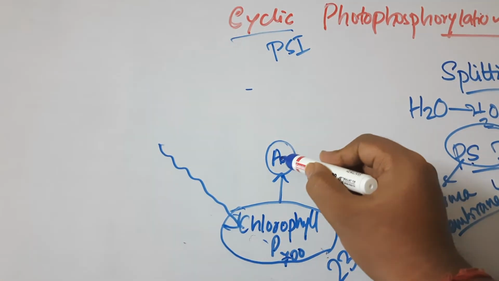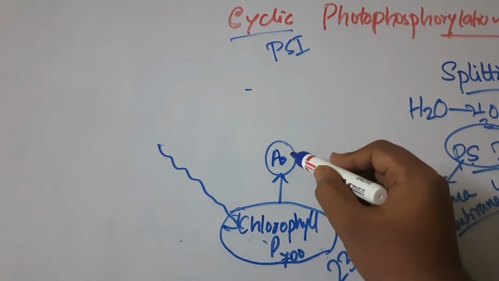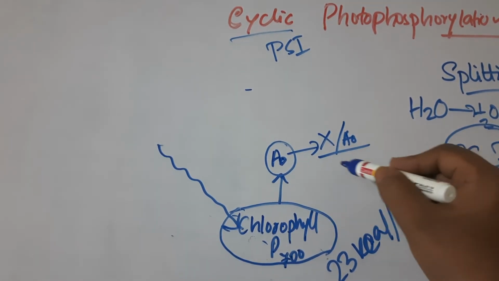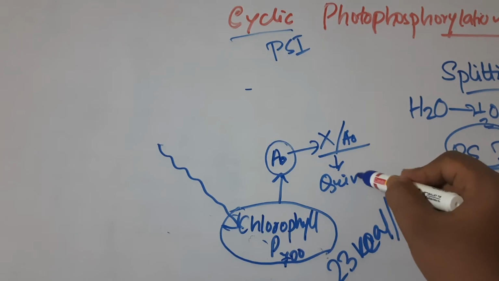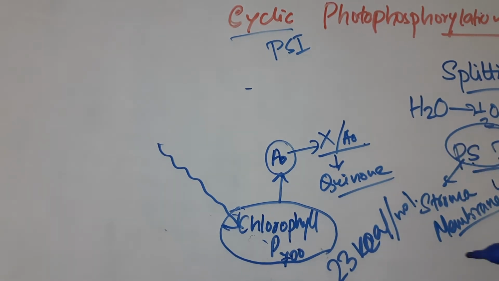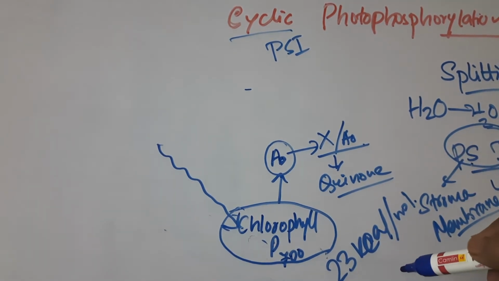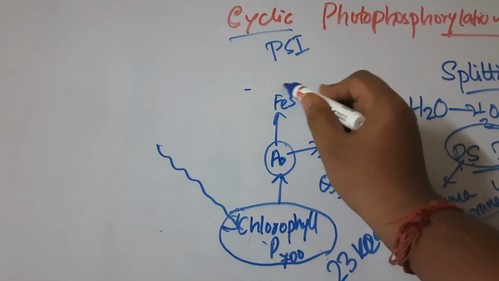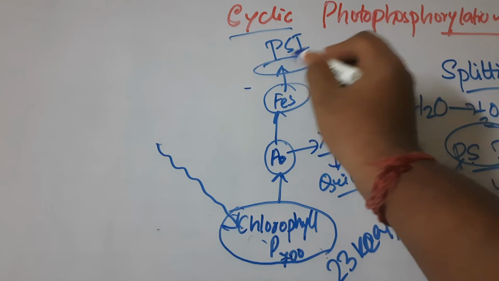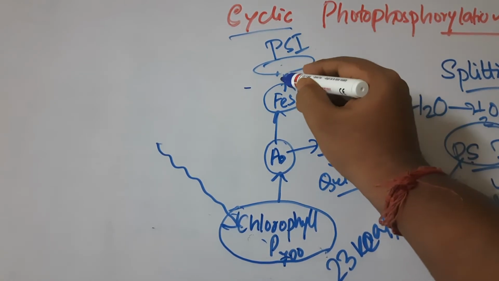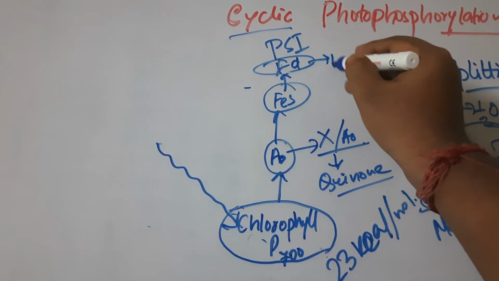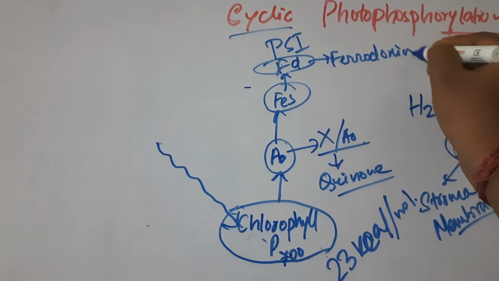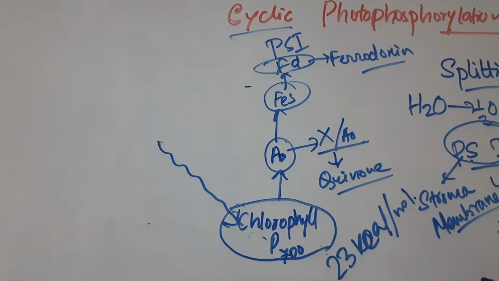A0 is nothing but A0 or X; you can denote it by X or A0, and this notation we are using for quinone. From quinone it goes to the FeS complex, and after the FeS complex it goes to ferredoxin.